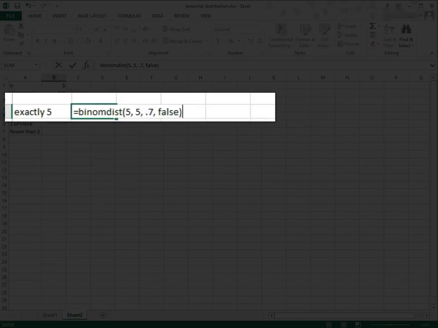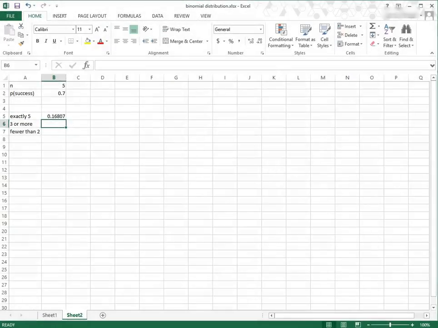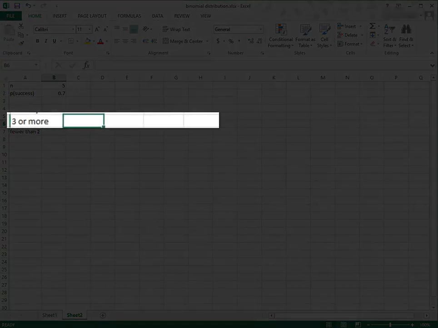We want it to be exactly 5. So we see the probability of all 5 being resolved on the same day is 16.8%. To find the probability of 3 or more, we can take 1 minus the probability of up to 2.